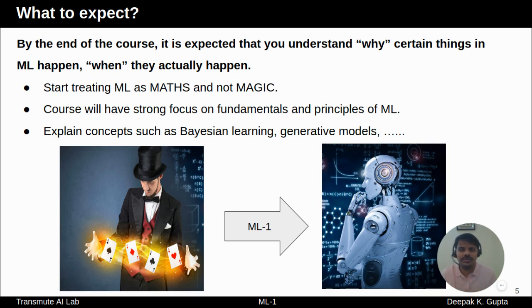It wants you to become the thinkers of machine learning. You start thinking why things are happening the way they are happening. If I'm giving you 2 algorithms, algorithm A and algorithm B, and B performs better than A, then I do not really want you to report to me the numbers of A and B. What I want is for you to understand why B is doing better than A. So that is more or less the motivation and the expectation behind this course.